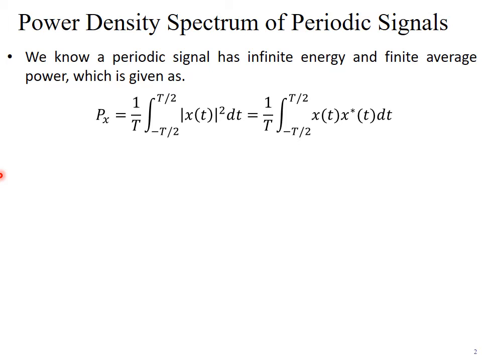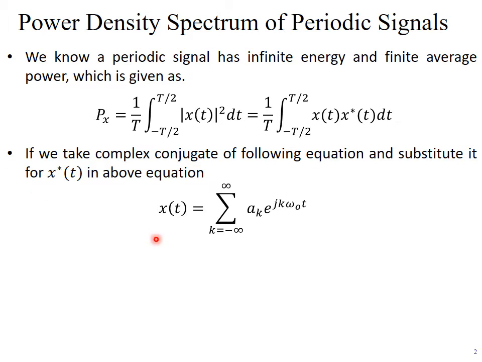Now x of t, we know, can be represented in the form of this summation, called the Fourier series summation. We represented periodic signals using this summation in the last lecture. If we find the complex conjugate of this and substitute it in this equation, we can rewrite the equation of power.